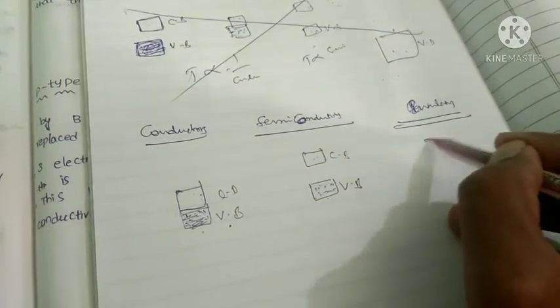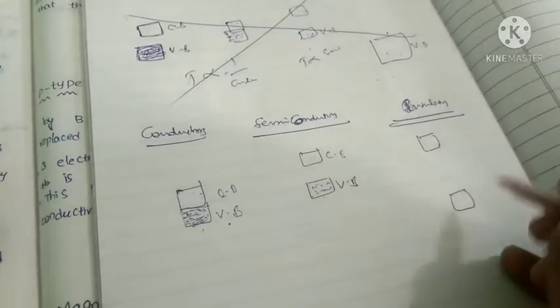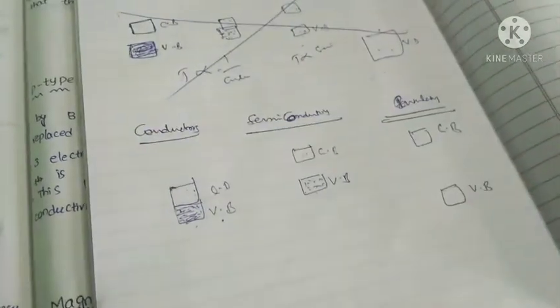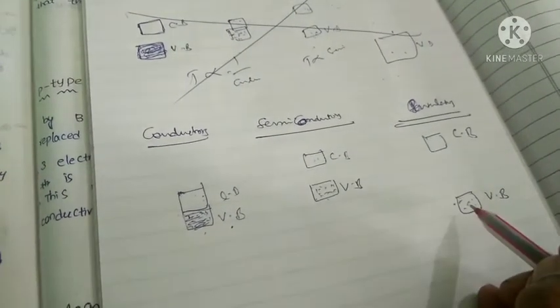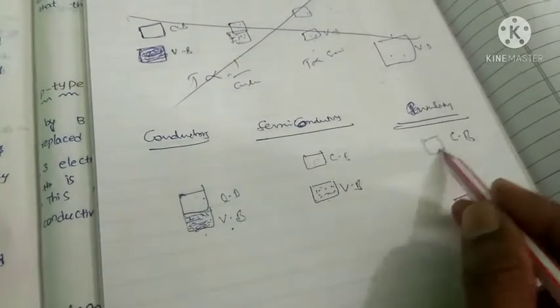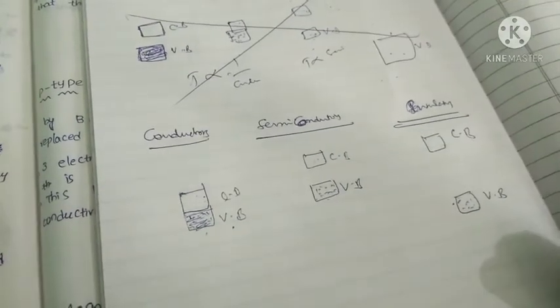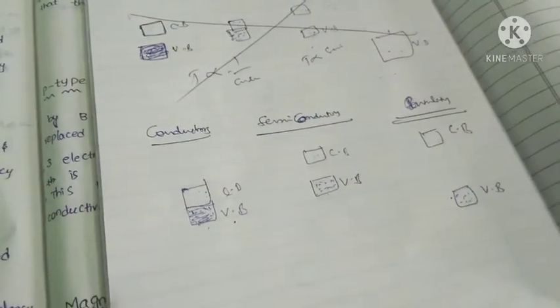But in the case of insulators, the gap is very high. Which gap? The gap between the valence band and the conduction band is very high. Even when you apply electricity, there is no chance for these electrons to jump to the conduction band. Then there is no chance of conductivity in insulators.